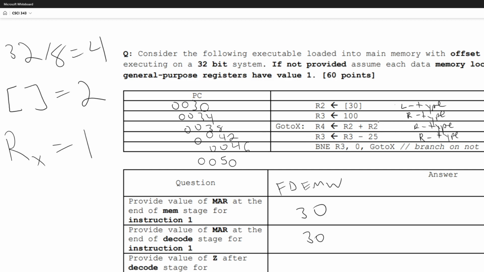So it's whatever was in the Z register from this previous instruction. So that's R2 plus R2. Well, we loaded whatever was in this address. He didn't provide it for us. So a default of 2. So it was 2 plus 2, which is 4. So there should be 4 here.